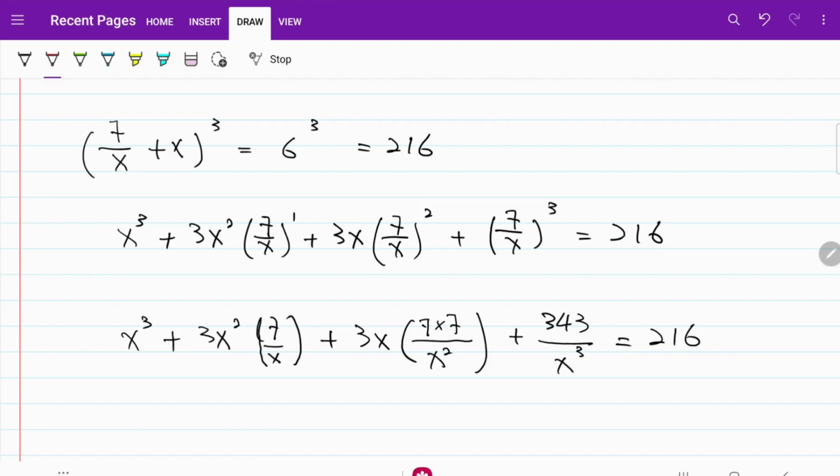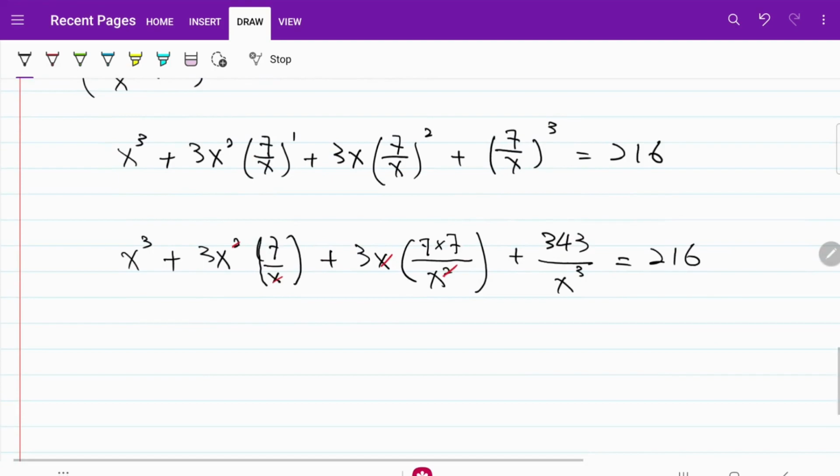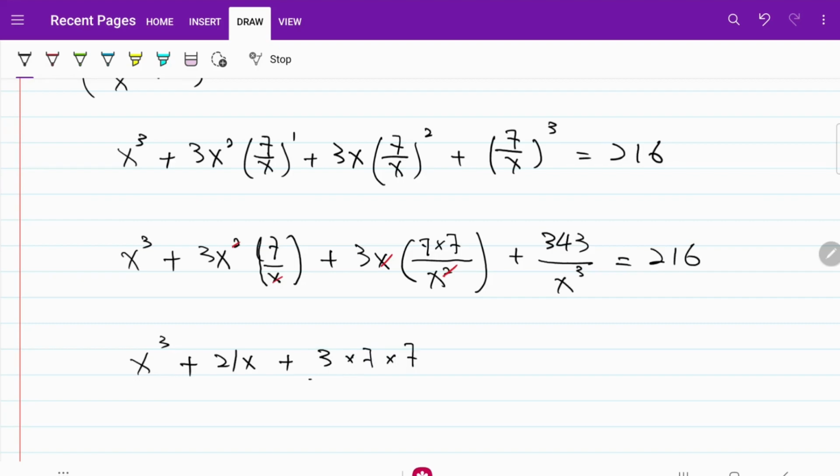Some of the x's will cancel each other, for example here and here and here and here. So let's continue on. I have x cubed plus 21x plus 3 times 7 times 7 over x plus 343 over x cubed is equal to 216.